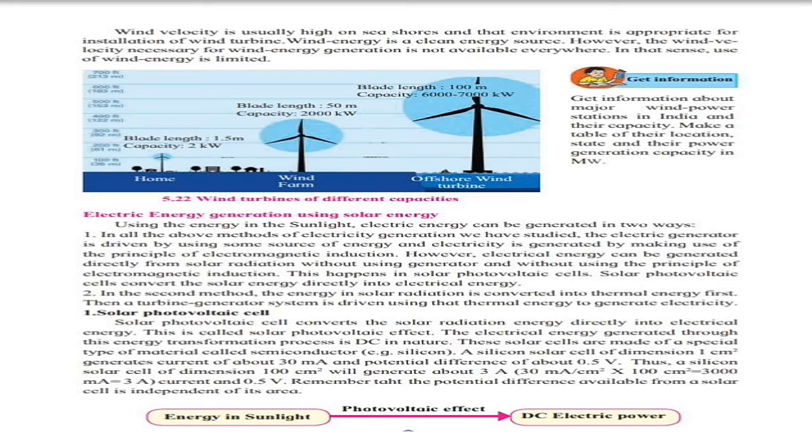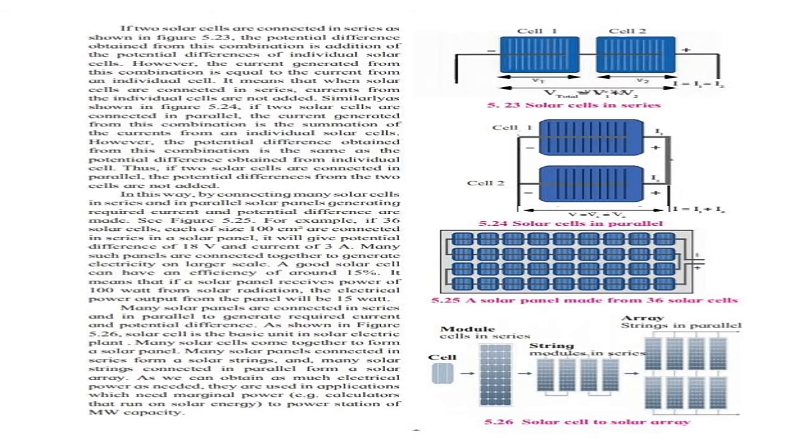So in the diagram we see solar cells in series and solar cells in parallel to give greater or lesser output potential.